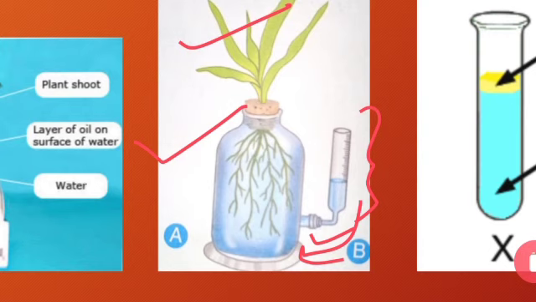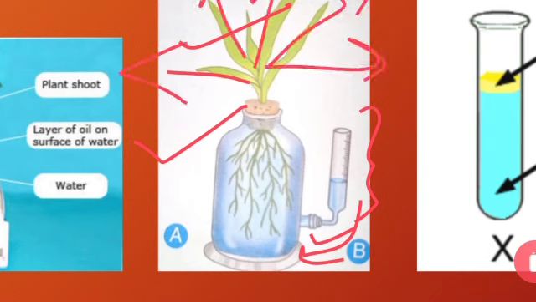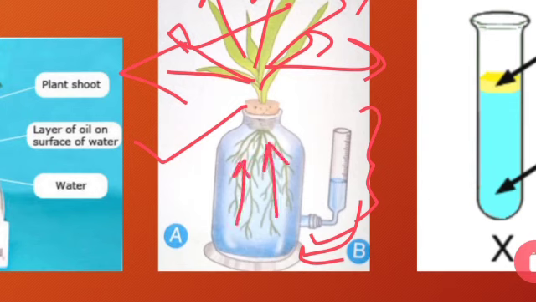Now during the process of transpiration, what will happen? The leaves will start releasing water. When the leaves start releasing water, there will be a requirement of water in the plants. So to fulfill the requirement of water for the plants, what will happen? The plant will start absorbing water from the jar. As they start absorbing water from the jar, this will allow the water from the graduated tube to enter inside the jar.